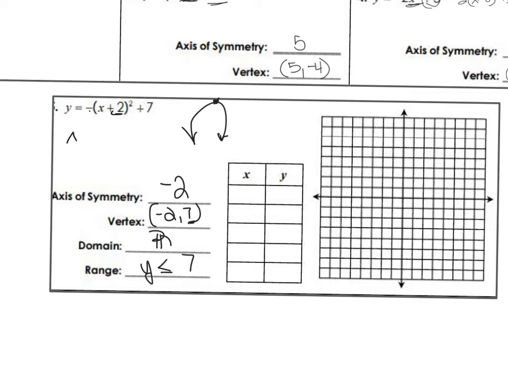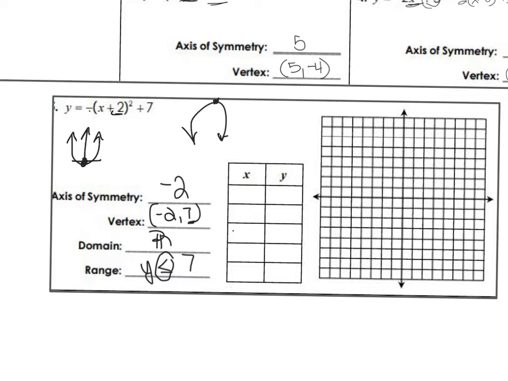If it was going upward, my vertex would be a minimum, and my range would be y greater than or equal to 7. So this is determined by whether your vertex is a minimum or a maximum.